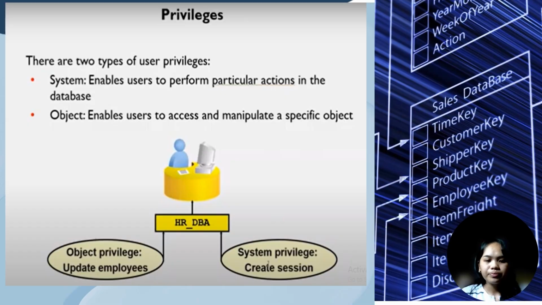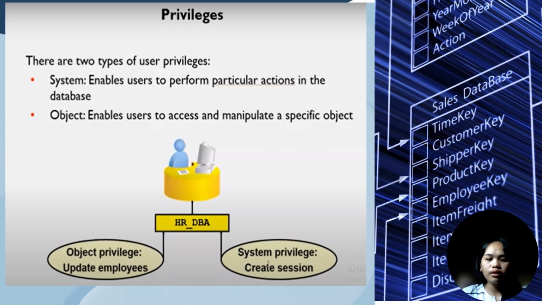Next, there are 2 types of privileges, system and object. So let's discuss what these privileges are. System privileges enable a user to perform particular actions in the database. It is just for particular actions.